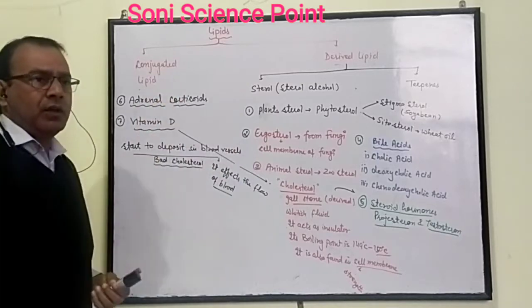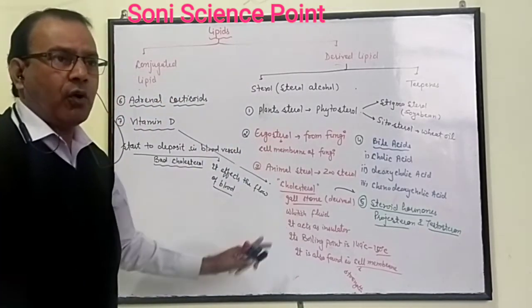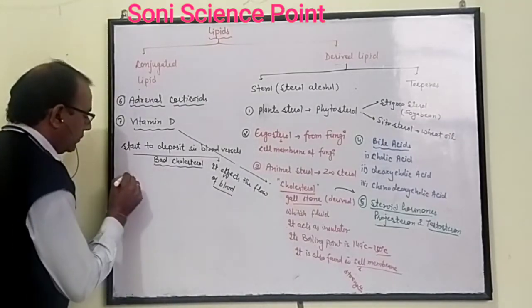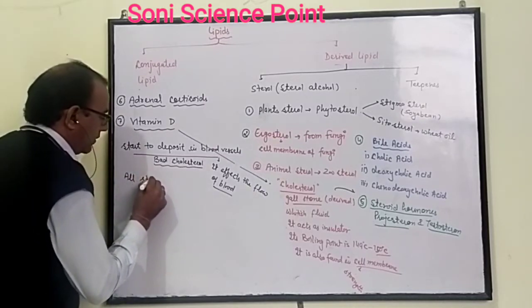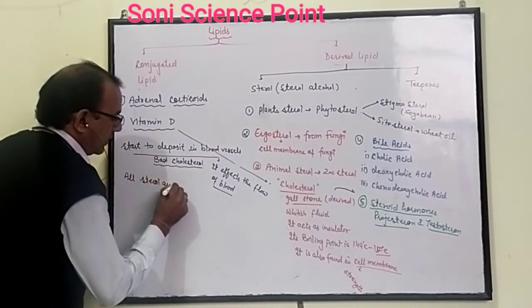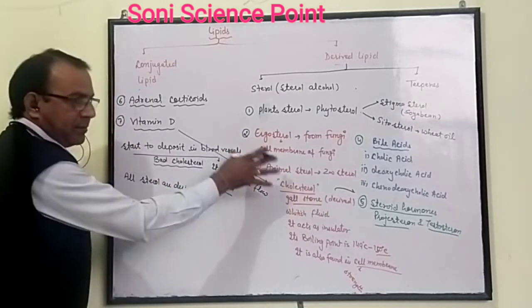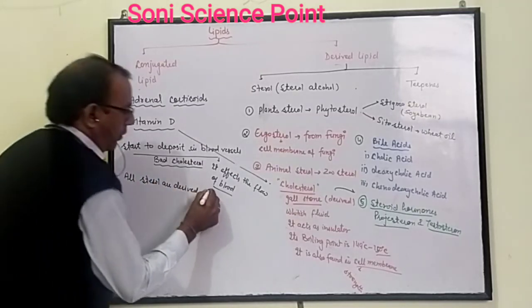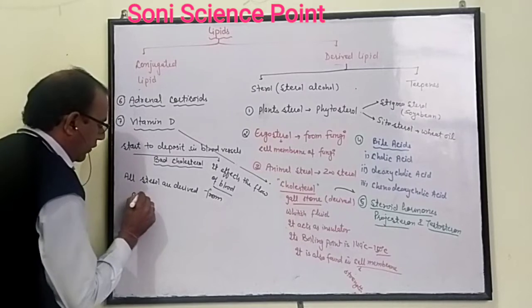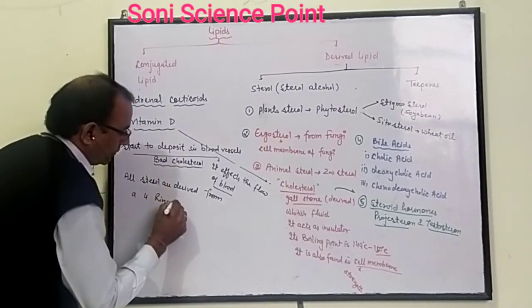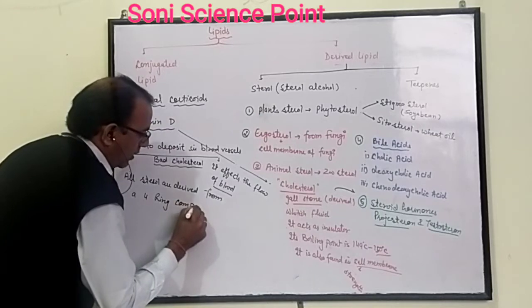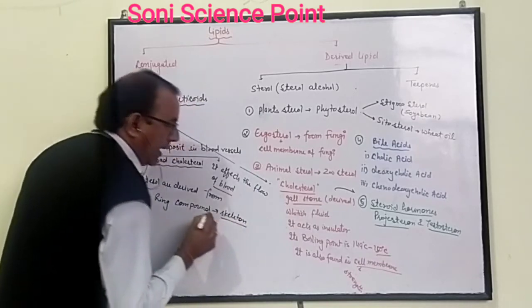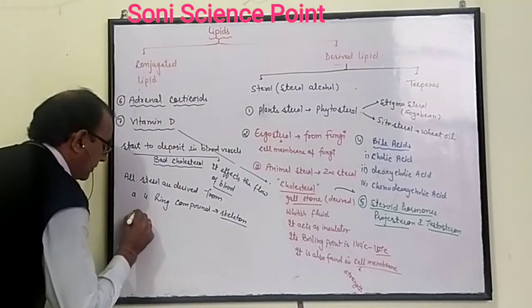As we have discussed, all these sterols are derived mostly in animals from a 4-ring compound, the skeleton of which is called phenanthrene.